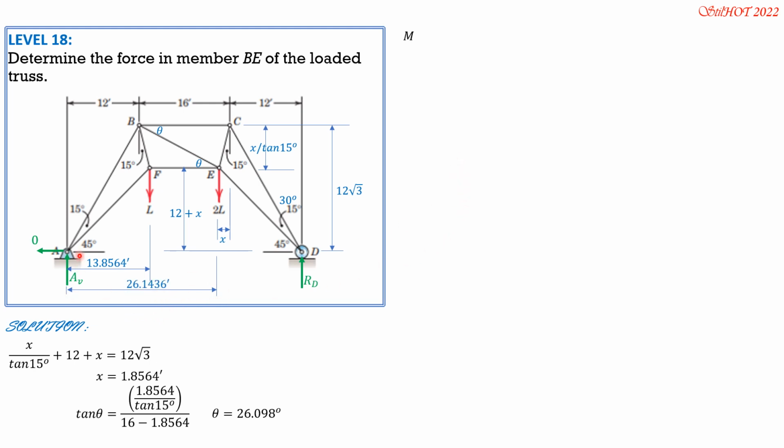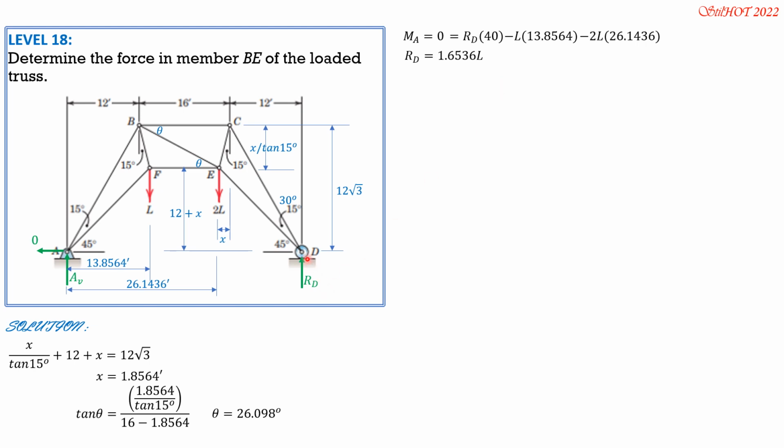Then we set the summation of moment about A equal to 0, counterclockwise positive. So we have RD times 40, 12 plus 16 plus 12, then minus L times 13.8564, minus 2L times 26.1436. Then RD can now be computed in terms of L: RD equals 1.6536 L.